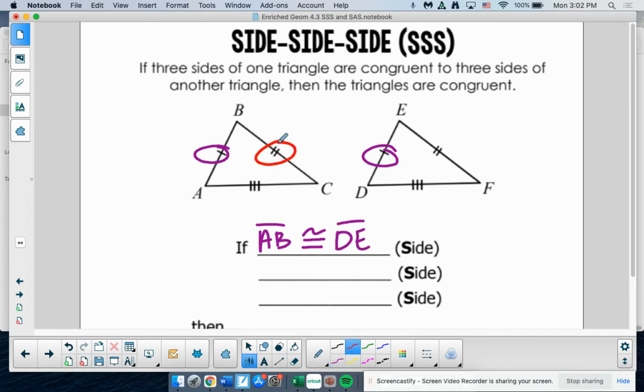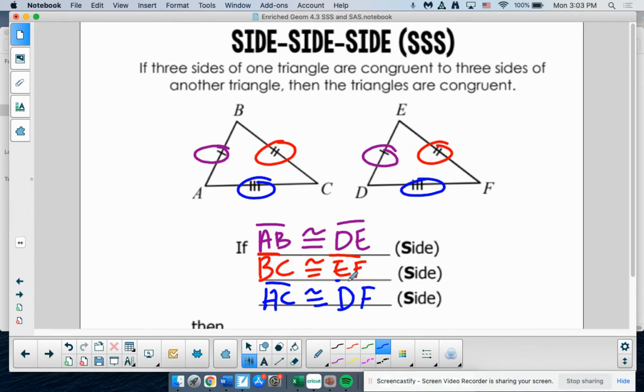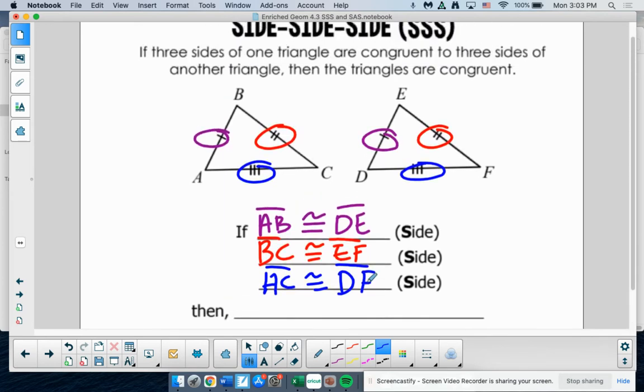Go to two tick marks: BC is congruent to EF. And our last one, AC, is congruent to DF.